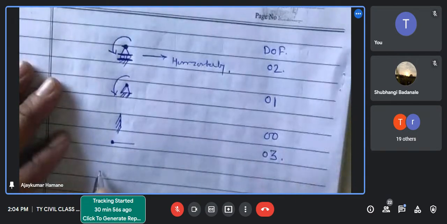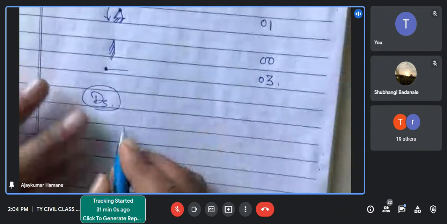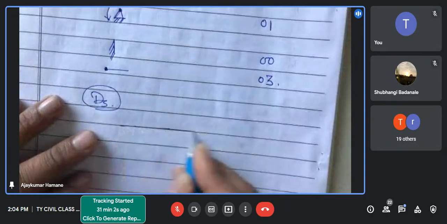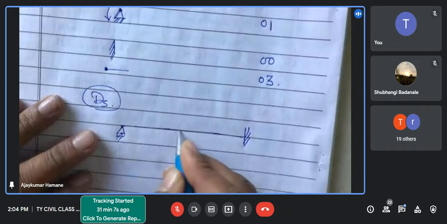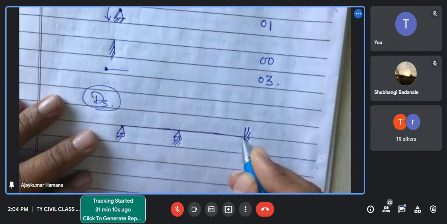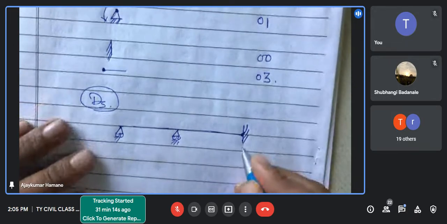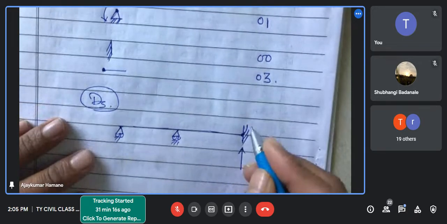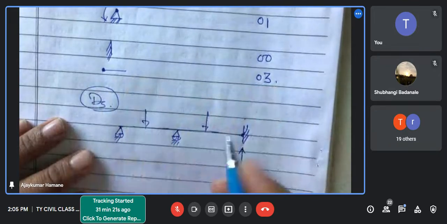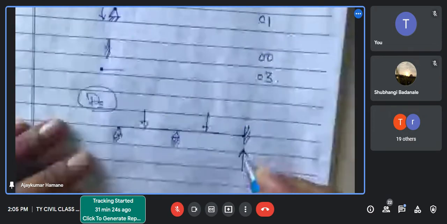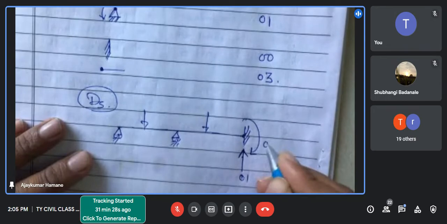Remember. Now we are finding out the static indeterminacy. How to find out the static indeterminacy? In our case, we have a fixed support here, a roller support here, and a roller support here. First, for the fixed end, how many reactions? One vertical reaction and one moment.